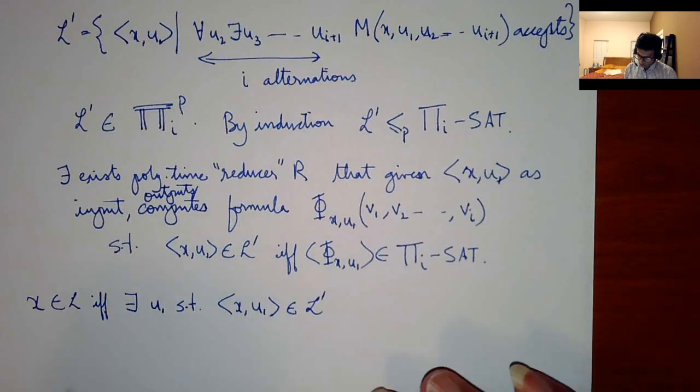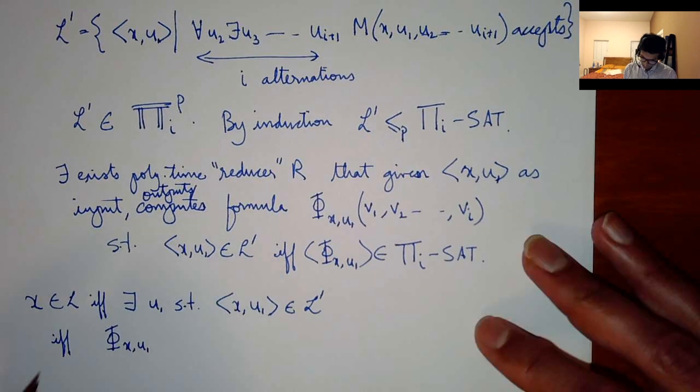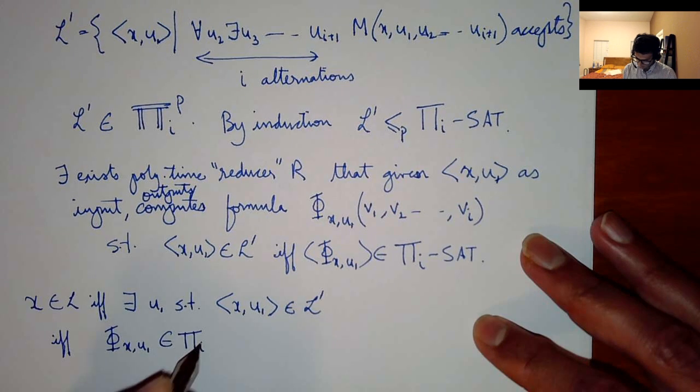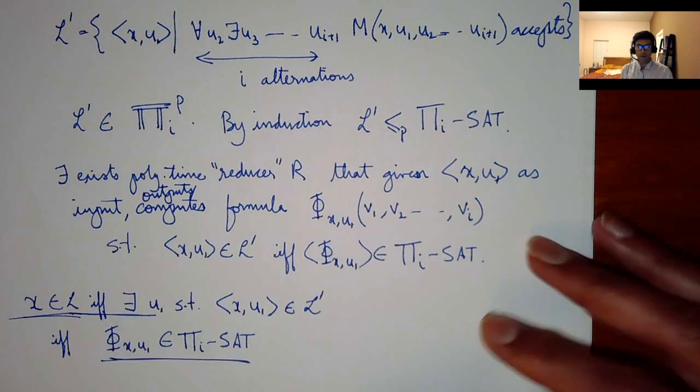But x u1 is in L prime if and only if phi x u1 is in pi I sat. So x is in L if and only if there exists a u1 such that phi x u1 is in pi I sat.